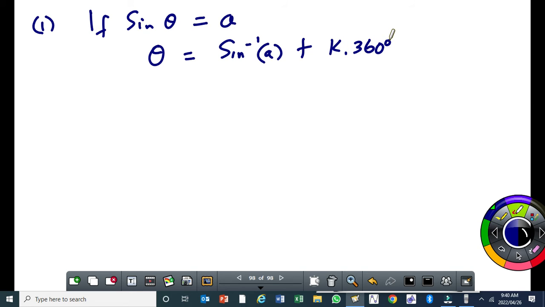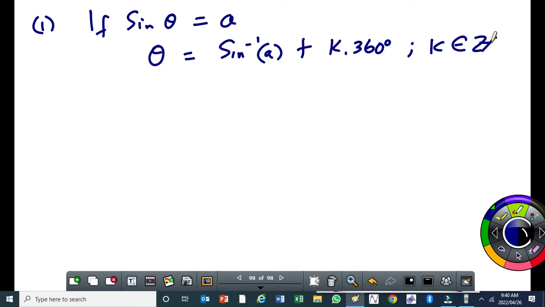The 360 degrees refers to one revolution. So if k is an integer, it will depend on how many revolutions you have got, but k must be a positive or a negative integer. So k must be an integer. Don't worry, I will explain that part. But I've already explained it if you're paying attention.